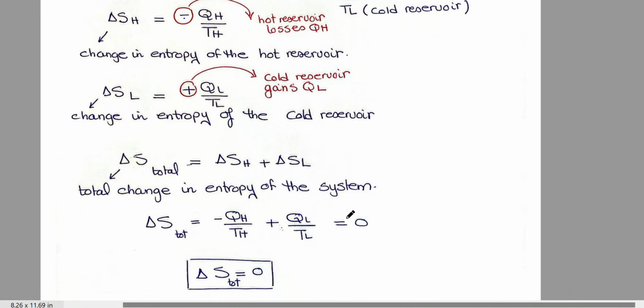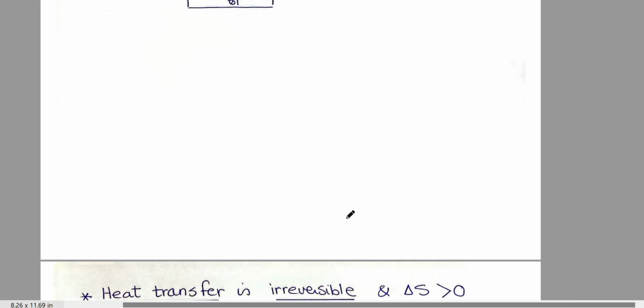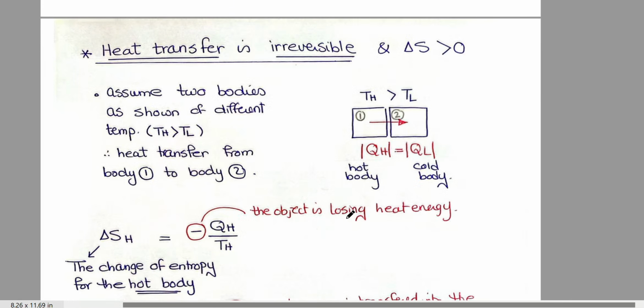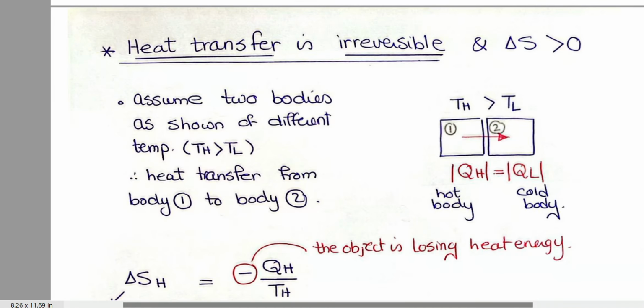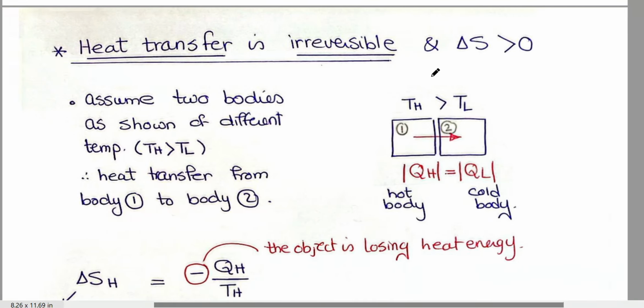Now we want to prove that heat transfer is an irreversible process and the change in entropy is greater than 0. When you have two bodies, one of high temperature and one of low temperature, we explained before that the hot body will lose an amount of heat and the cold body will gain an amount of heat.